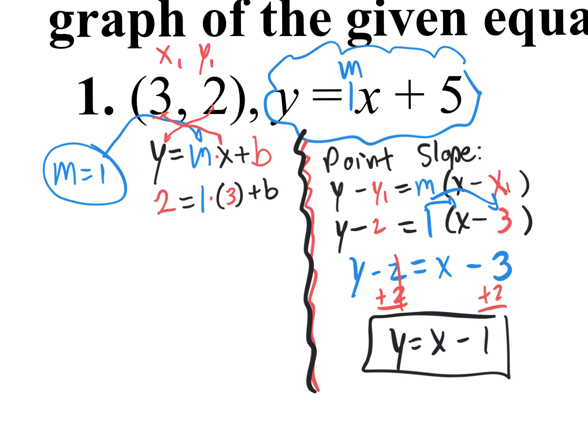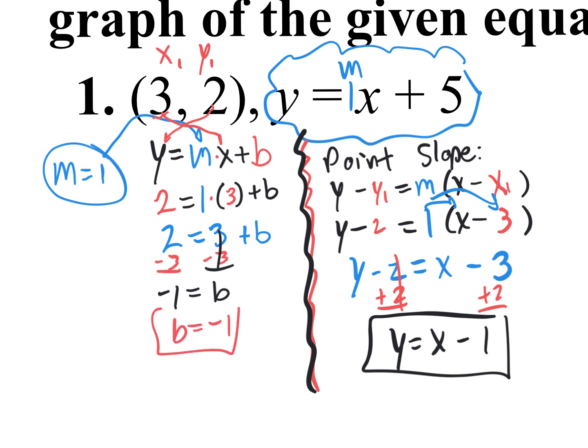So 1 times 3 is 3, and you still have the plus b, you still have the equal sign, you still have the 2, and now you could solve for b by subtracting 3 and subtracting 3, getting -1 equals b, right? Because these guys canceled out. So you have -1 equals b, which means that b equals -1.